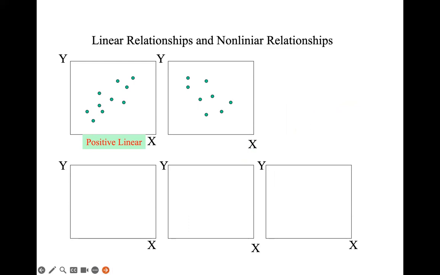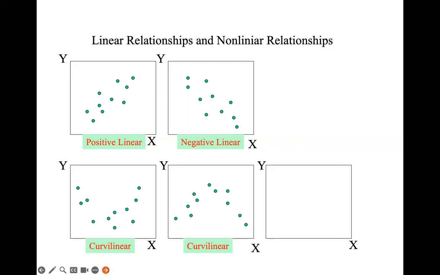When it's going upward along X, as you can see, that's positively linear. If not, that's negatively linear. But there are more instances, for example, where the dots are curvilinear and follow a U shape. There are also dots where the shape is inverted. That's another curvilinear manifestation.